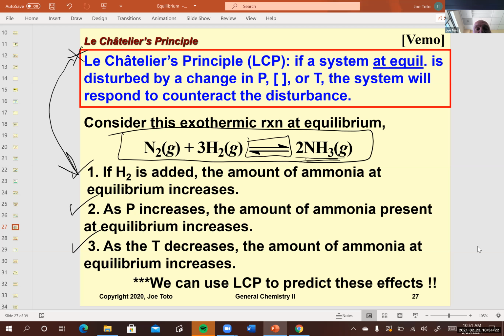Now it's not at equilibrium anymore. The stress is it has too much H2 gas. Which way does this reaction have to shift to relieve the stress of too much H2 gas?